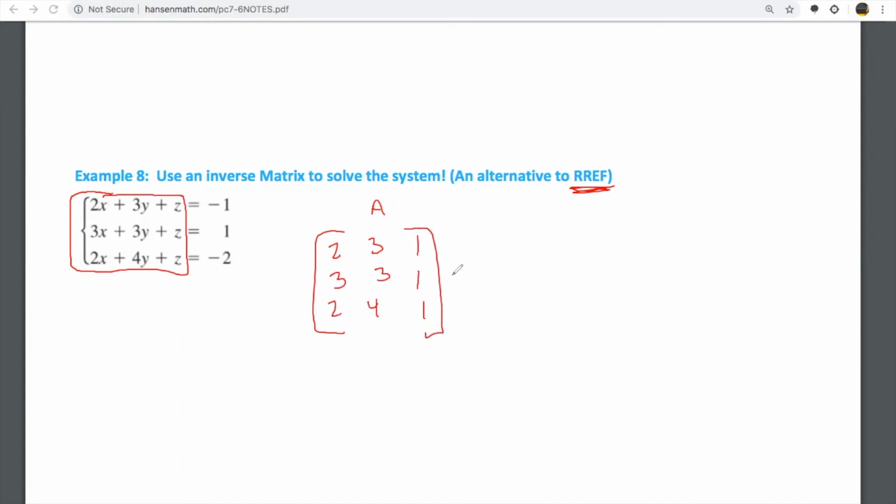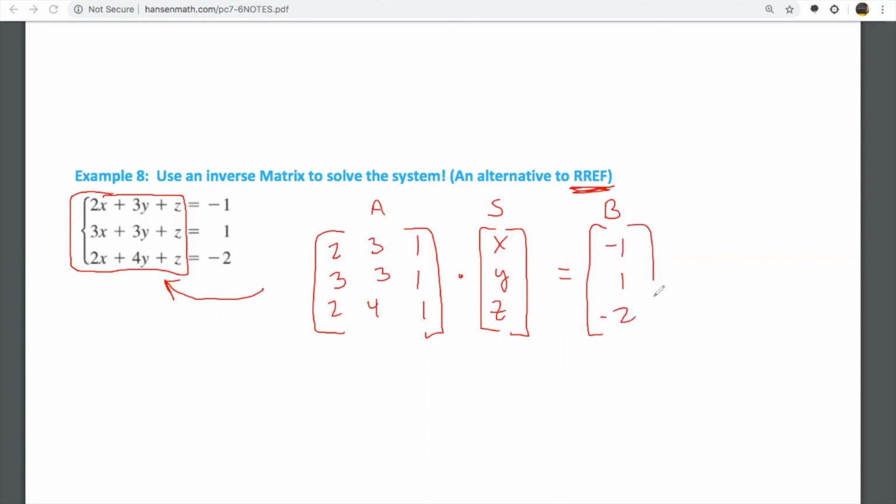Now, if you multiply that by what I'll call the solutions matrix, which is X, Y, Z, if you literally do the math and multiply this 3 by 3 times this 3 by 1, you will get right back to this with the variables included. So that gives you this entire left side of the system, and that has to equal the right side of the system, which I'll call B, which is -1, 1, and -2, which is coming from here.